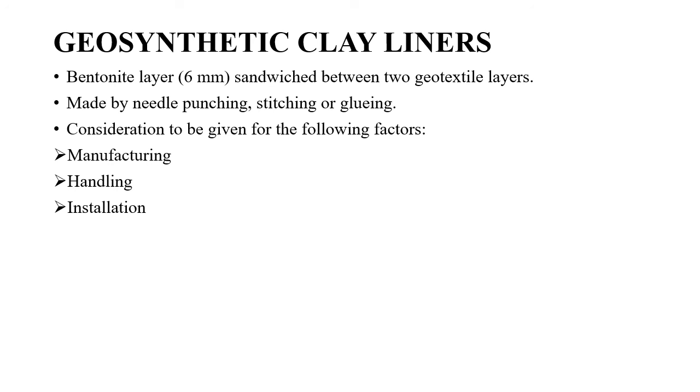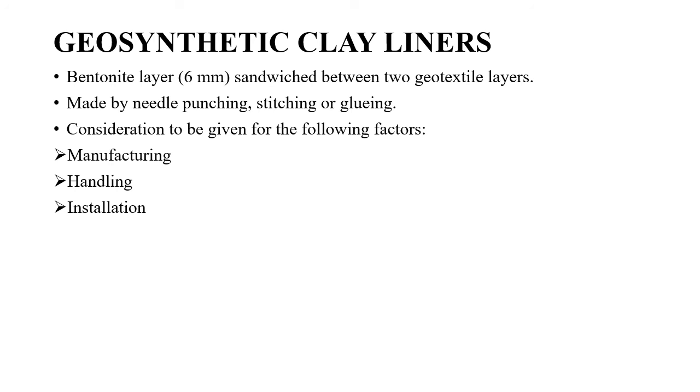Now the usual thickness of the bentonite layer which is kept in this geotextile is 6 mm, and they are also factory manufactured geosynthetics, and they can be used to replace your normal compacted clay liners. There are many advantages of using geosynthetic clay liners over compacted clay liners.